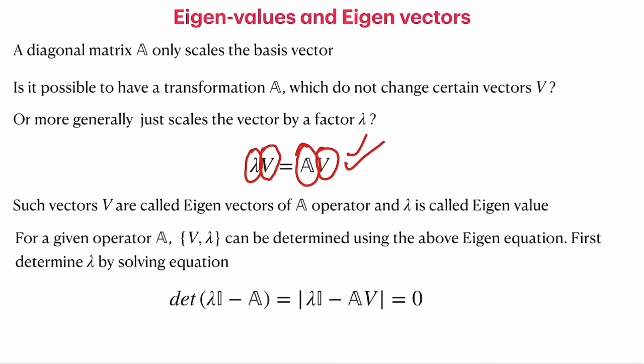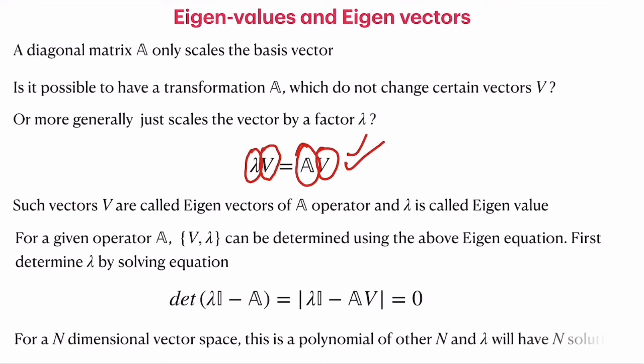When we set its determinant to 0, we get a polynomial equation in lambda, and then we solve this polynomial equation. In the case of n dimensions, we get an nth order polynomial for the characteristic equation, and we have n eigenvalues in general. Some of them could be the same.